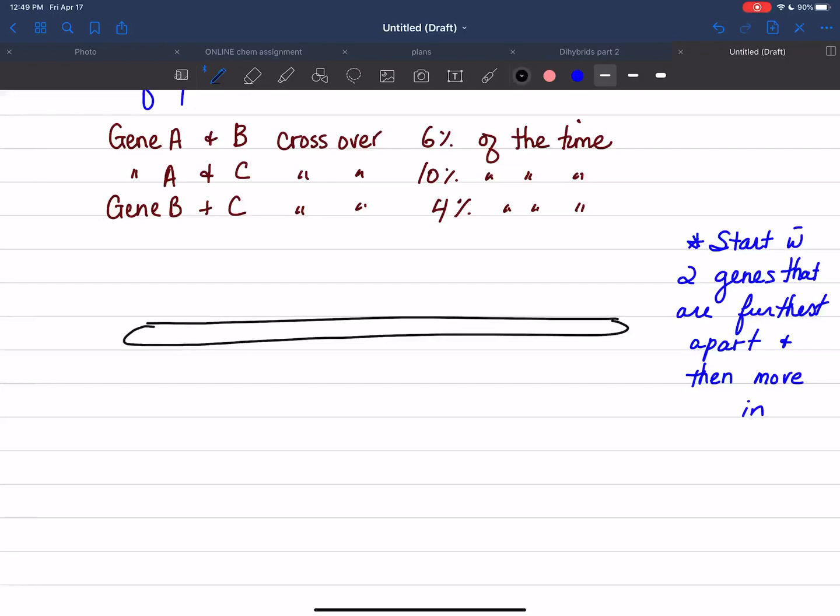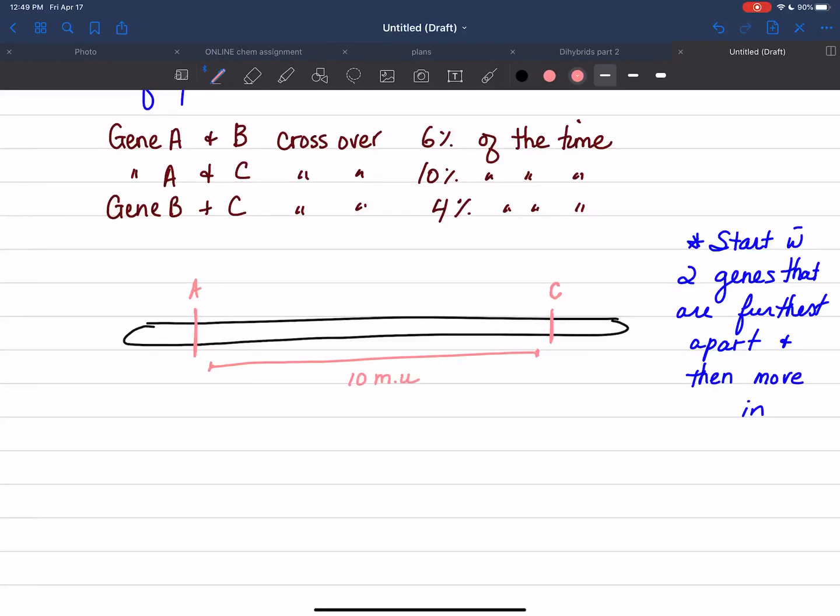So I'm going to start with the two genes that are the furthest apart. I look here, and the furthest apart are A and C. So I'm going to place A and C on here, and I'm going to say A and C are 10 map units apart.